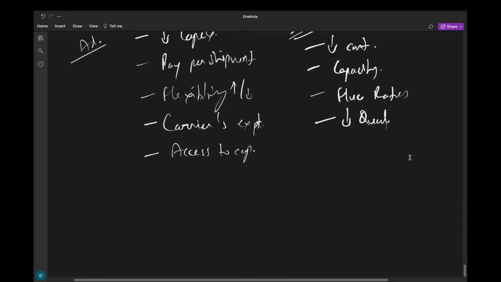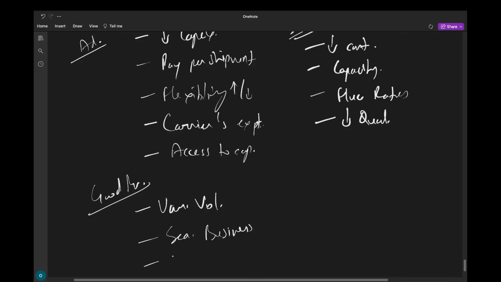And this is good for, first, variable volumes when we don't have the dedicated volume. Then if it is seasonal business, and if we have to do wide geographic coverage because we can't send our fleet everywhere.